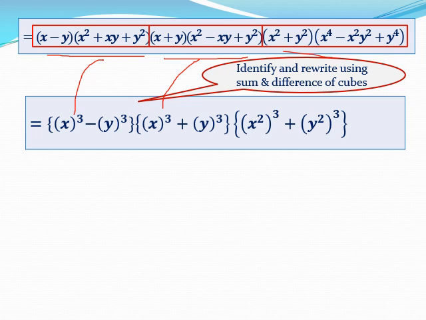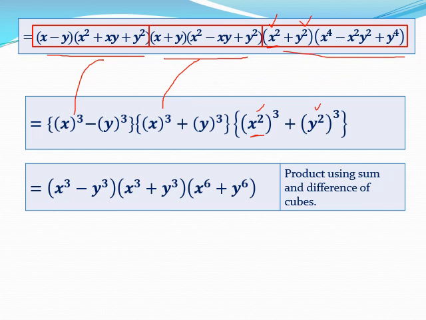And x² + y² times x⁴ − x²y² + y⁴ is equal to the cube of x², as here is first term x², and second term y². So first term cube plus second term cube, that is the cube of x² and the cube of y².